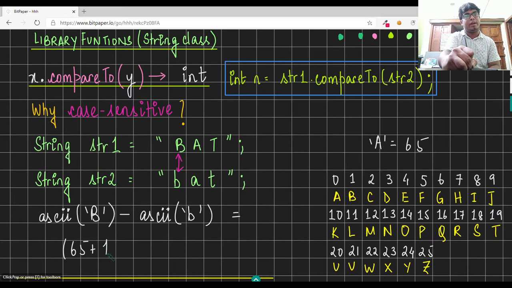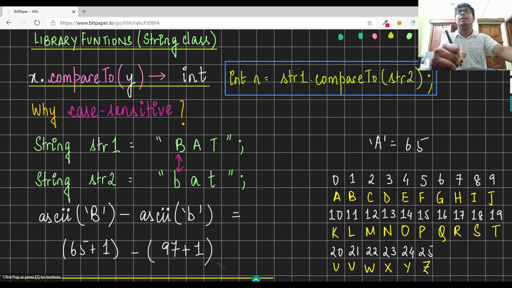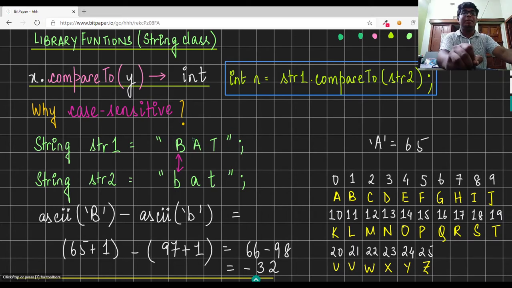And the ASCII of small b is 97 plus 1, which is 98. Now, if you subtract these two, you get 66 minus 98, and that is, I hope, minus 32. So therefore, capital BAT would come before small bat if you compare them with the compareTo function, because it does case-sensitive comparisons.